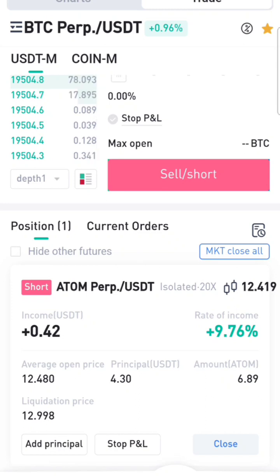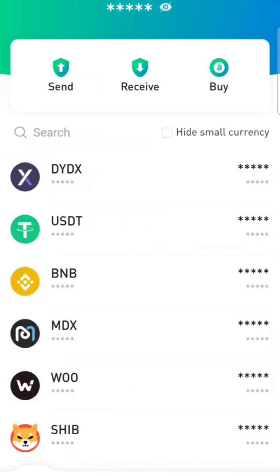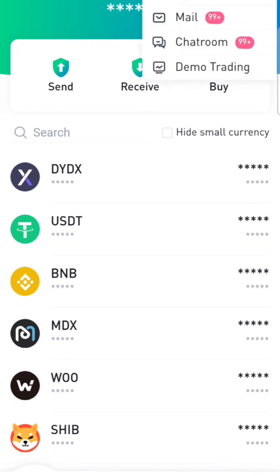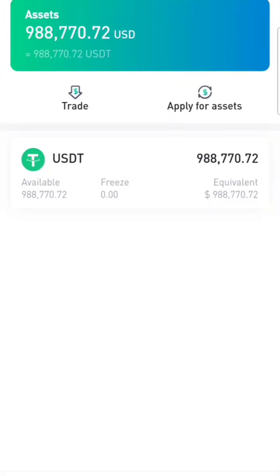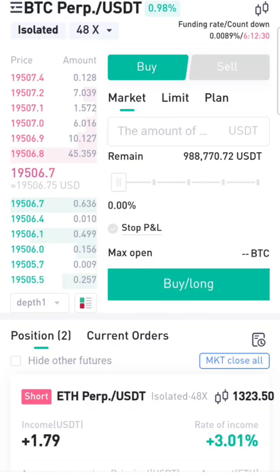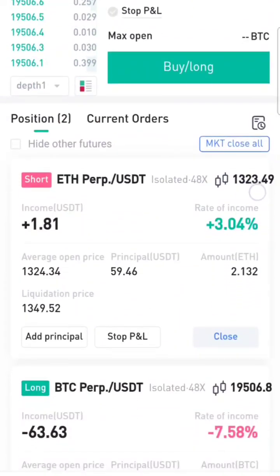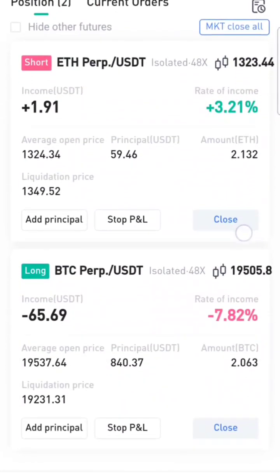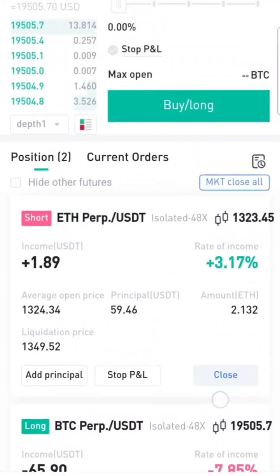So let me now show you a demo trade where I can see a trade with good profit. No, we are not having a good profit here.